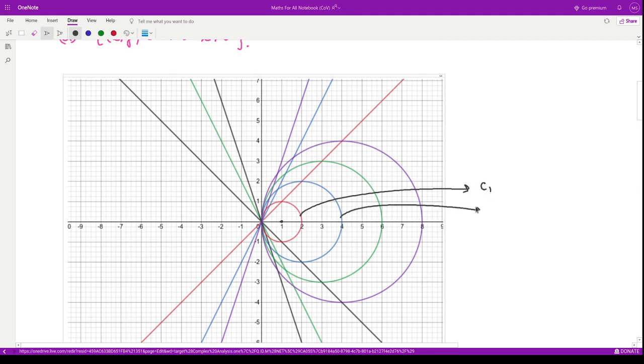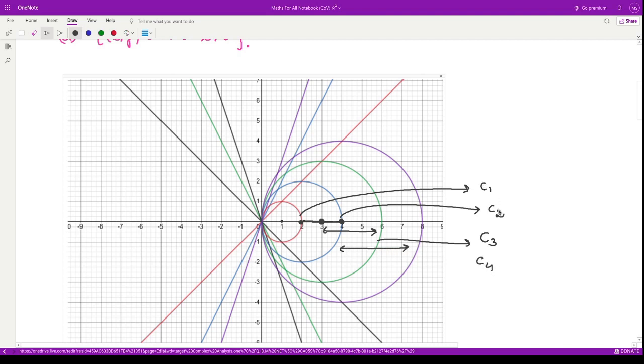This circle is our C2, because here the center of the circle is this point and the radius is equal to 2. This is C3. Here this is the center and the radius is 3, and this last circle is the circle with center at (4, 0) and the radius is equal to 4.